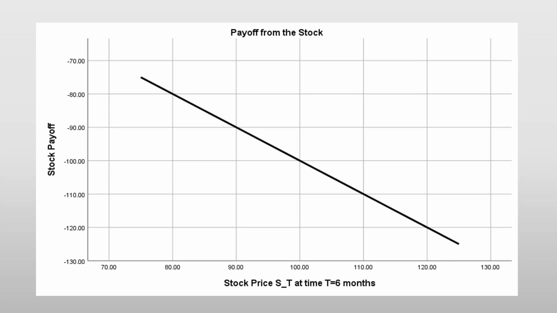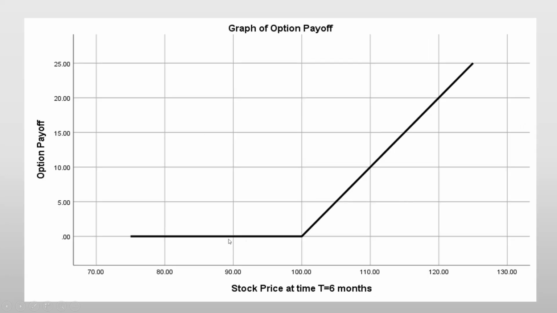So that's the graph, where the bottom line is the stock price. We can see that if the stock price increases after 6 months' time, the payoff from the stock decreases linearly. Now this is the graph of the option payoff. We can see that if the stock price is up to $100, then we do not exercise the call option.